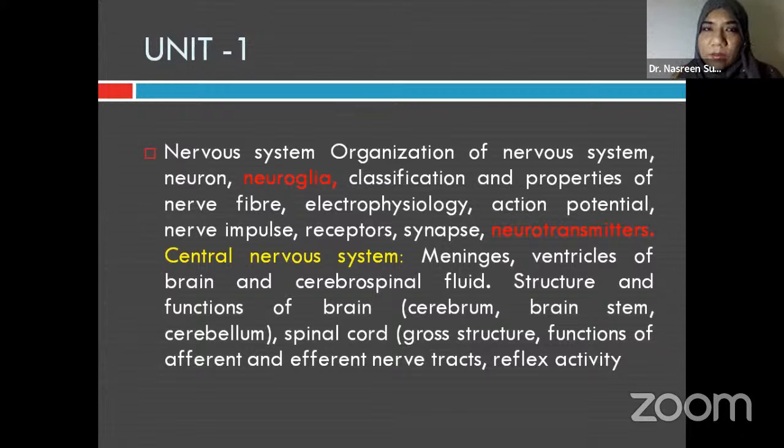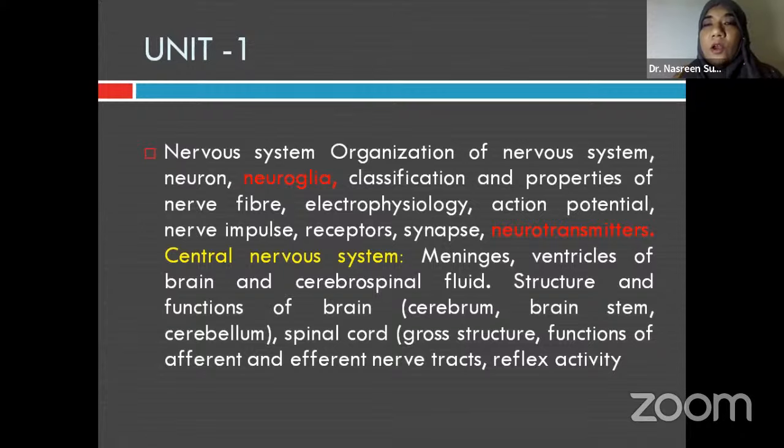What is a receptor? Can anyone say what is a receptor? Is anyone answering? What is the receptor? A receptor is nothing but a protein. What it will do? It is going to provide a substrate for a ligand. Ligand means any molecule that is going to attach to the receptor, so as to show a particular action.